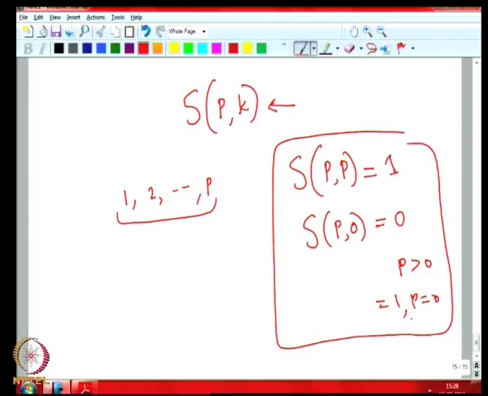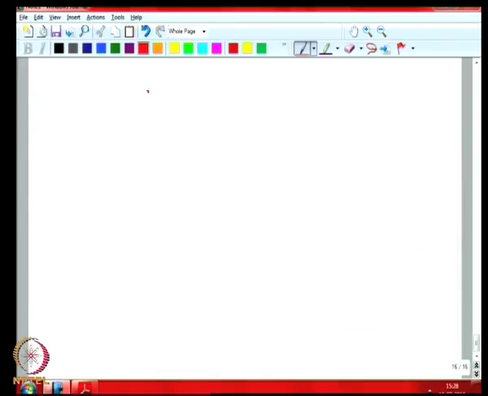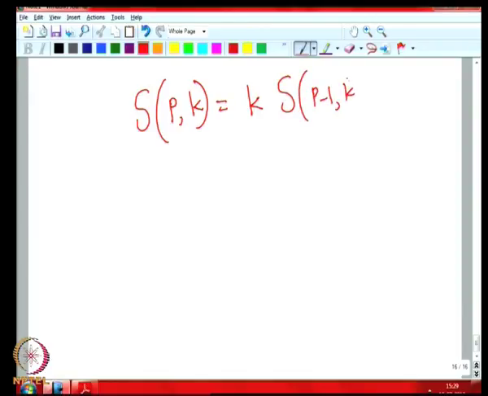And the recurrence relation we claim is this: S(P, K) is equal to K times S(P minus 1, K) plus S(P minus 1, K minus 1). This is true for K between 1 and P minus 1.